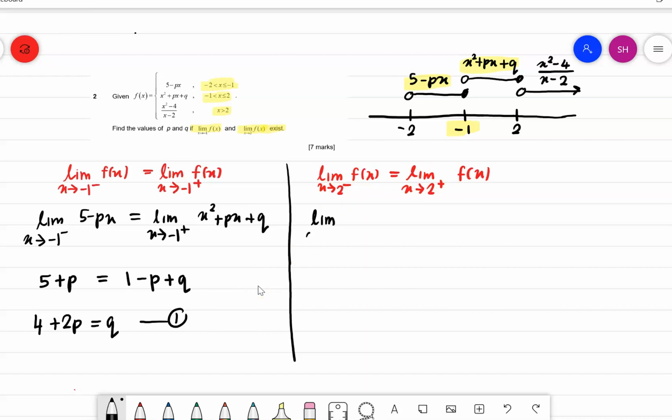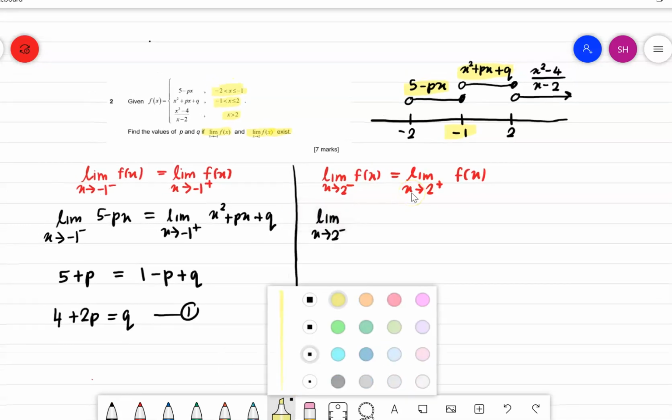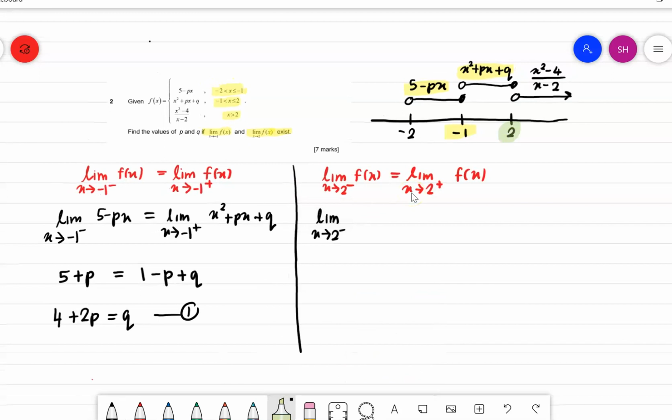From left, kita akan ambil 2 from left. This one is 2. So 2 from left, yang paling hampir dengan 2 ialah function ni, x squared plus px plus q. Okay, kita ambil yang very close to 2.